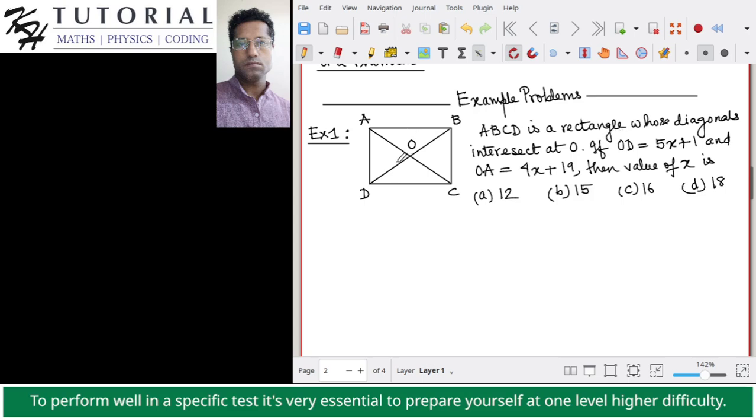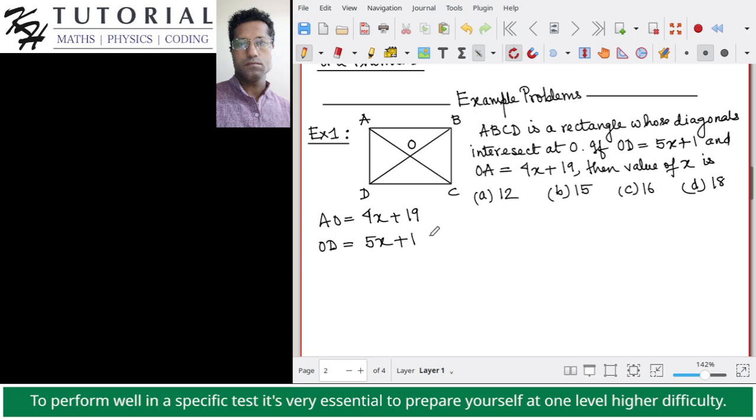So the measurement of the segment AO is given to be 4x plus 19 and OD is given to be 5x plus 1. How can we find the value of x?